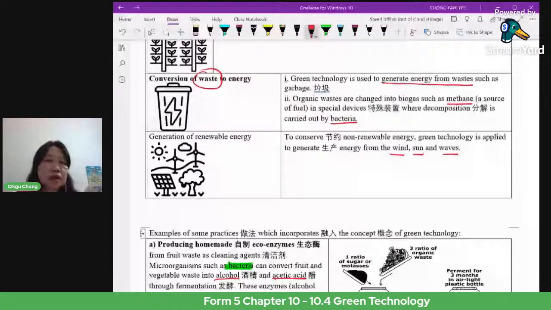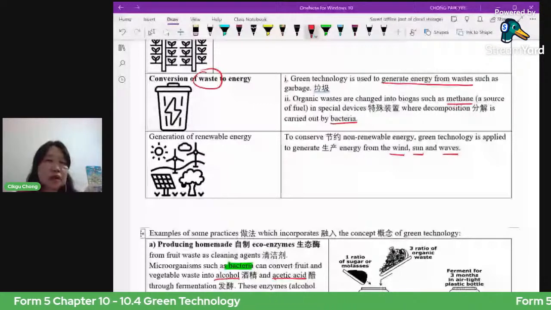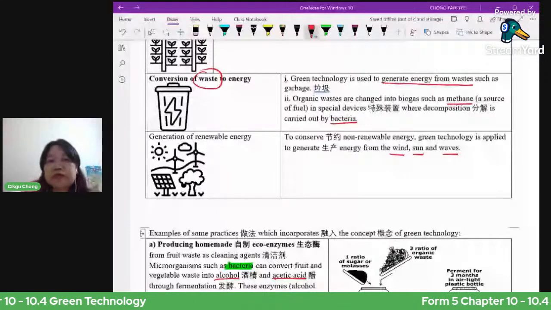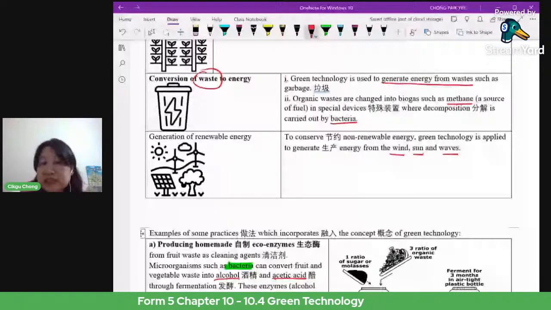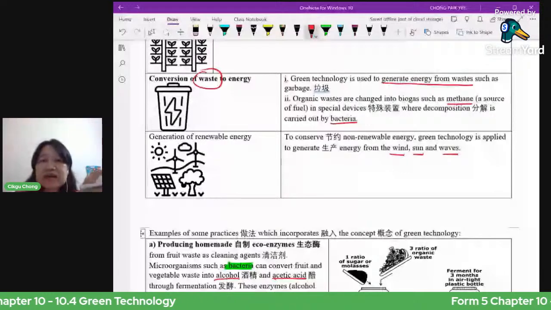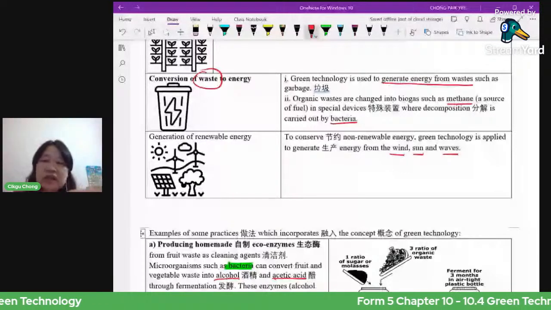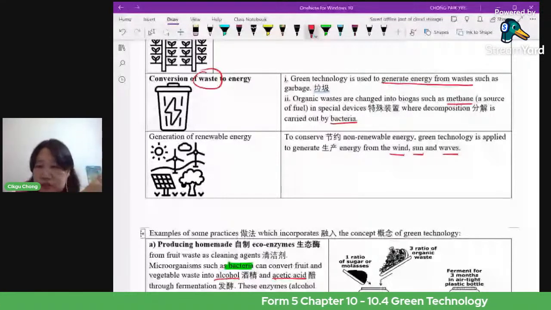Yes, you will have bacteria there. It converts your fruit and vegetable waste into alcohol and acetic acid. It's a process called fermentation, and then you can use it as a disinfectant and to clean. But the thing is, it's going to be time consuming.